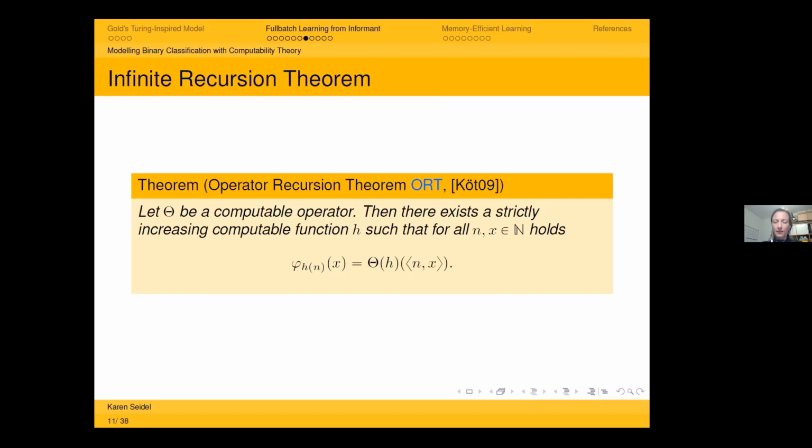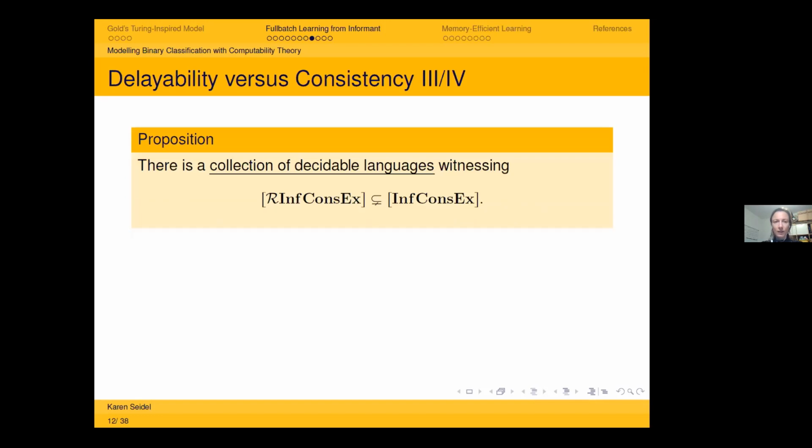And in the applications of this operator recursion theorem, the theta, the capital theta, and also the h are most of the time implicit. But I wanted to state it here once so that you can maybe get a better idea of what happens in the very sketchy proof that I want to talk about. Namely, we also showed that again.